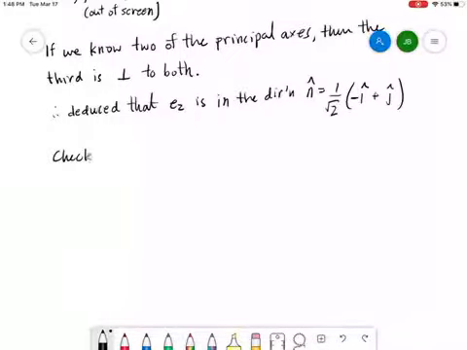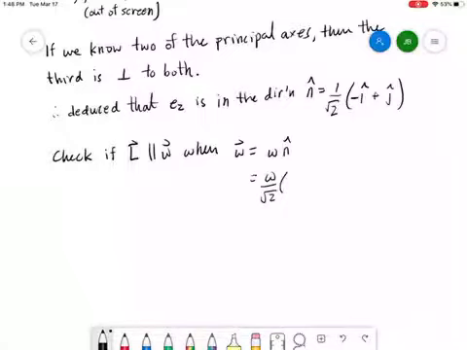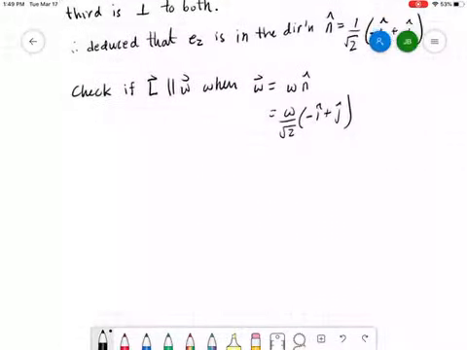Let's check if L is parallel to omega when omega is equal to some amplitude times n hat, which is going to be omega over root 2 times minus i hat plus j hat. Okay, so what do we get? L is mb squared.